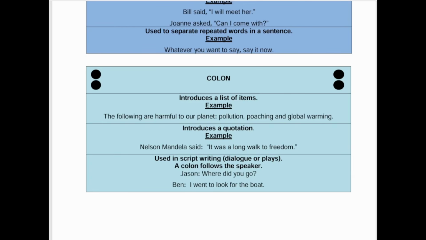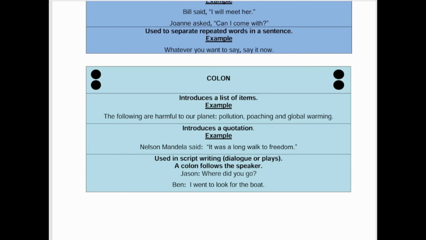Then another use of a colon: used in script writing, that is a dialogue or plays. A colon follows the speaker. If you are reading a play, you find that there are characters talking, exchanging ideas. After writing the name of that person, you are supposed to place a colon. For example, Jason: Where did you go?